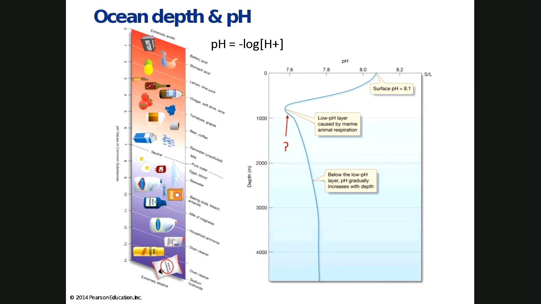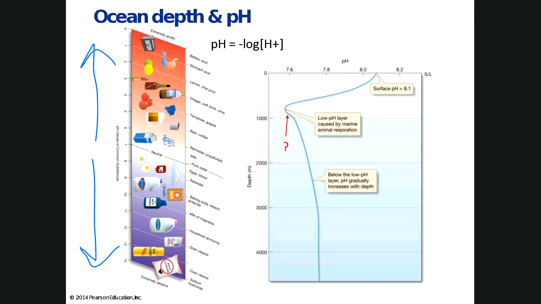Acids are things with a pH less than 7. Bases have a pH greater than 7. And you might remember that as you move away from 7, which is neutral, the strength increases. So acids become stronger as you move down the scale. Bases become stronger as you move up the scale.